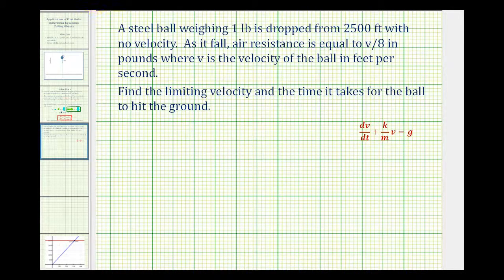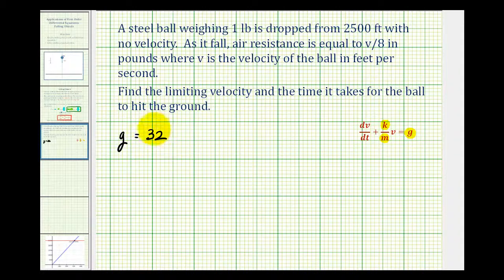So to set up our differential equation, we want to find k, m, and g. Let's start with g, which is the acceleration due to gravity. Because in this problem we're dealing with feet, the acceleration due to gravity is going to be 32 feet per second squared, or g equals 32.